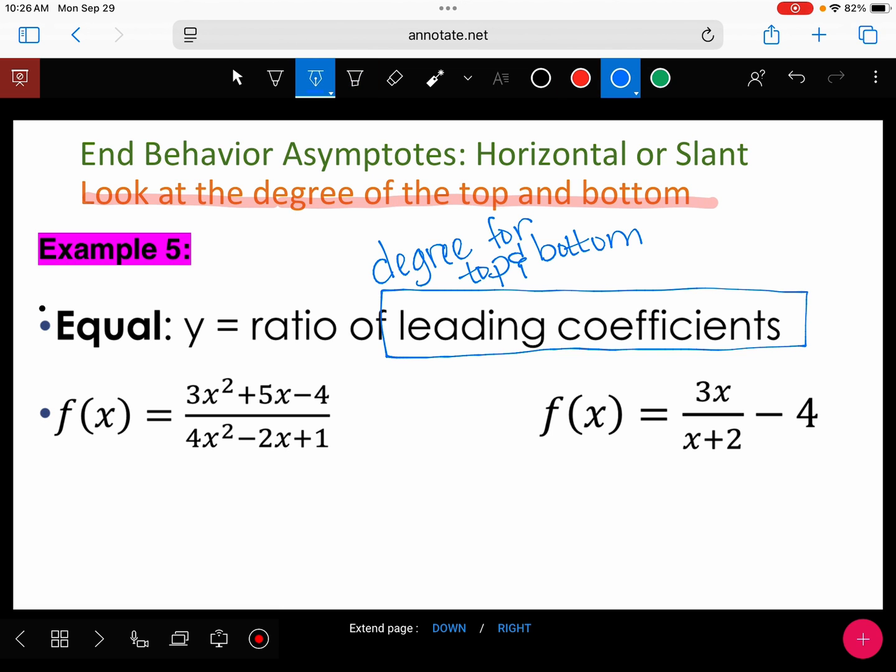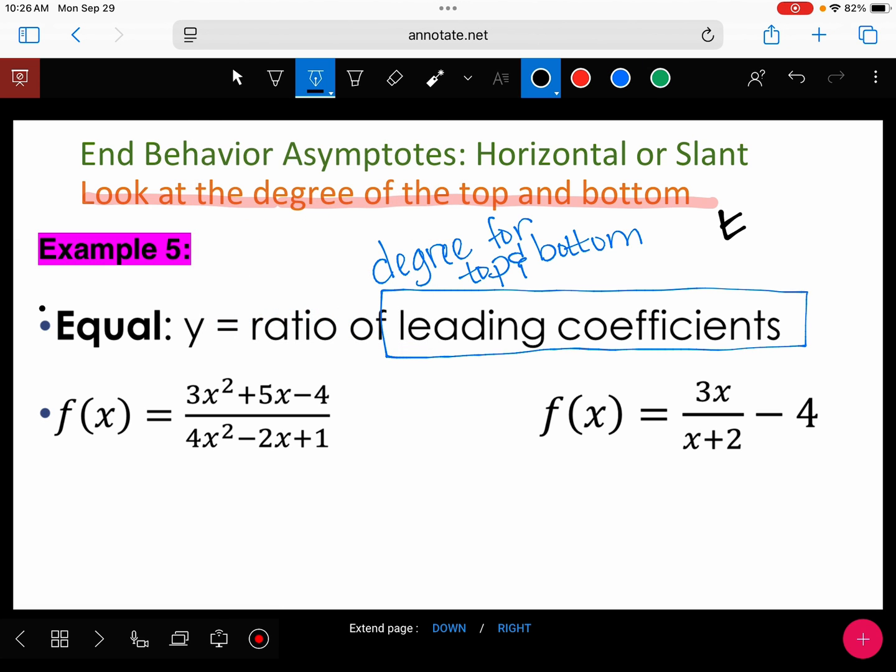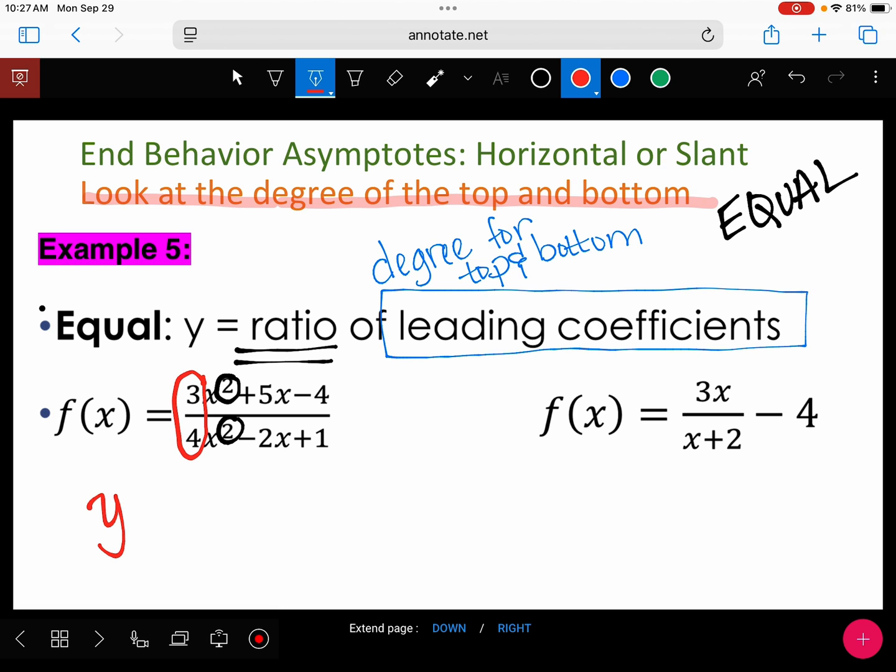If the degree is equal, then that means that my horizontal asymptote is going to just be a ratio of the leading coefficients. So in this example, they're both a second degree, so they're equal. So to find my horizontal asymptote, it would simply be y equals 3/4.